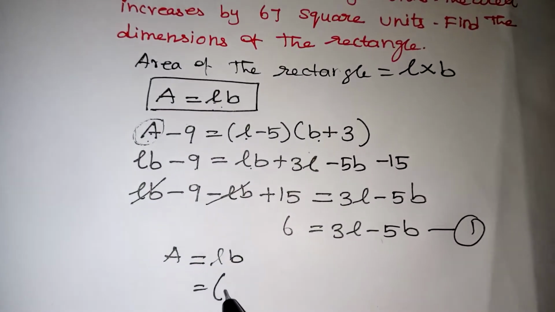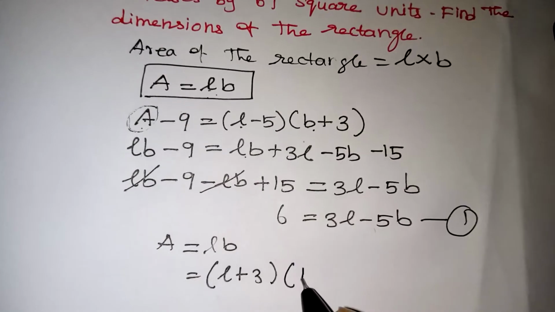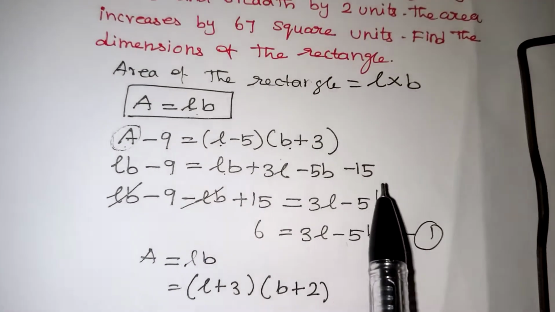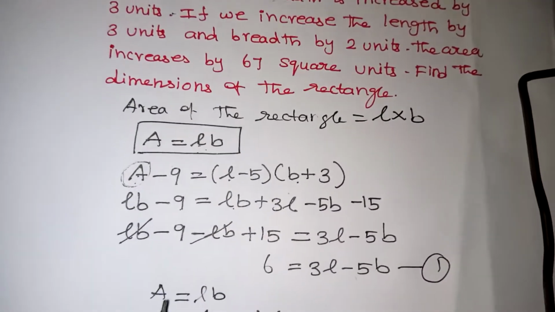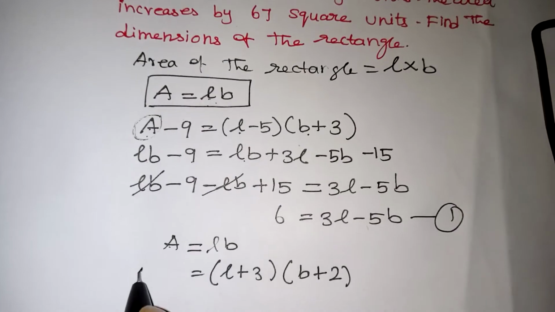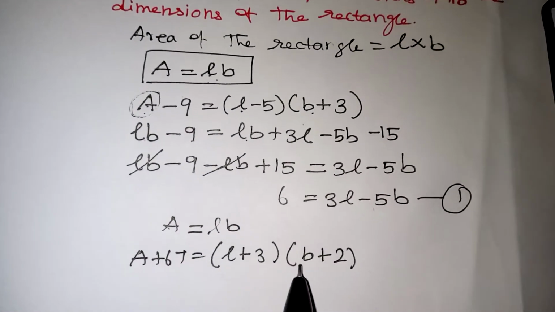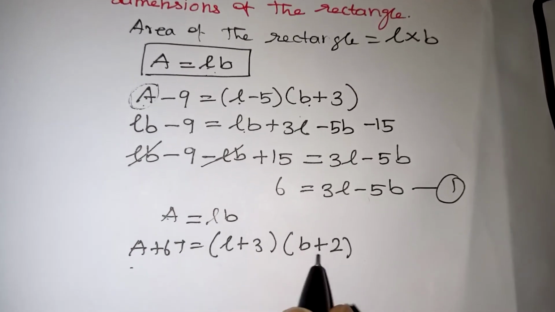So L is increased by 3, so L plus 3, and breadth by 2, so B plus 2. And if this is happening, what is the area? The area is increased by 67, which means A plus 67 will happen. If length is increased by 3, breadth is increased by 2, then area is increased by 67. Like this we should take.